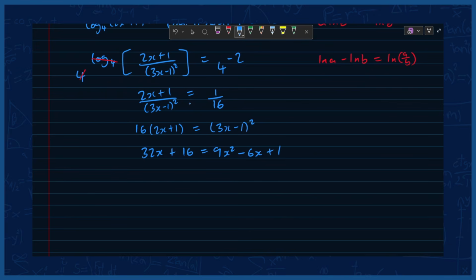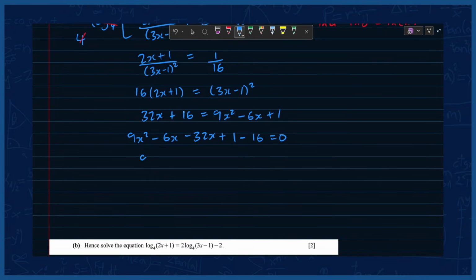Put everything on one side, so I'll move these two to the right. So I've got 9x squared minus 6x minus 32x plus 1 minus 16 equal to 0. So I've got 9x squared minus 38x minus 15 is equal to 0, which is indeed a quadratic equation.